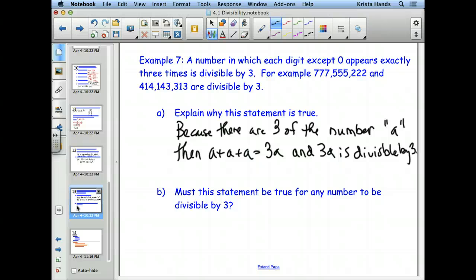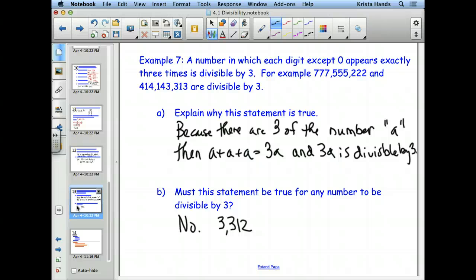No. Can you give an example, Avery? 3,312. That would work. Okay. This number, is it divisible by 3? Yes, it is, right? Because 3 plus 3 plus 1 plus 2 is 9. So this number is divisible by 3.